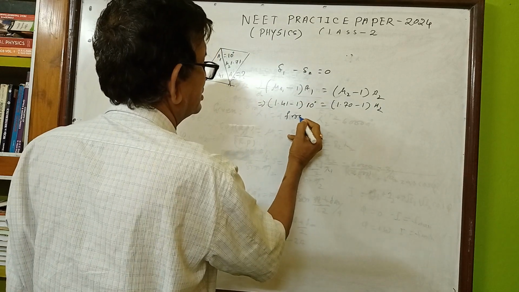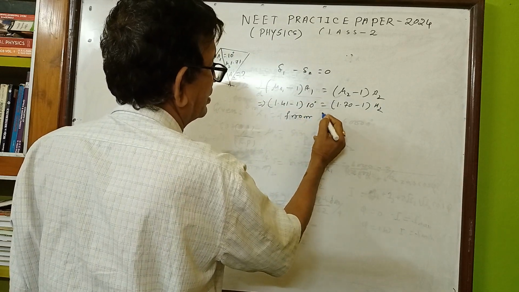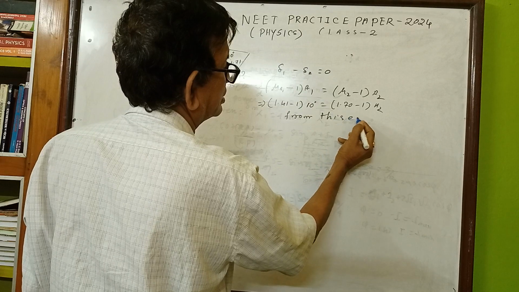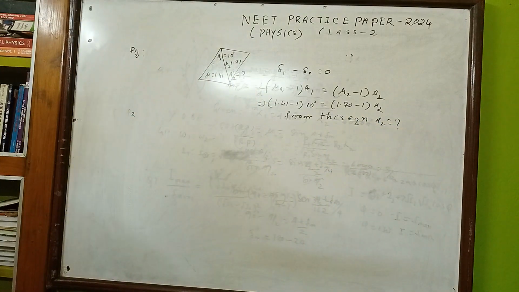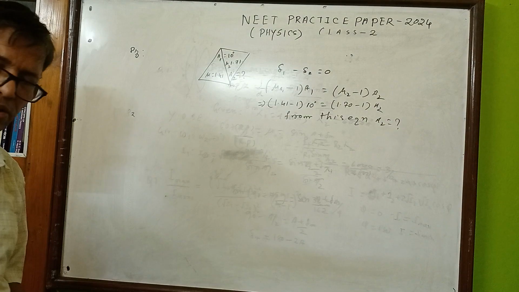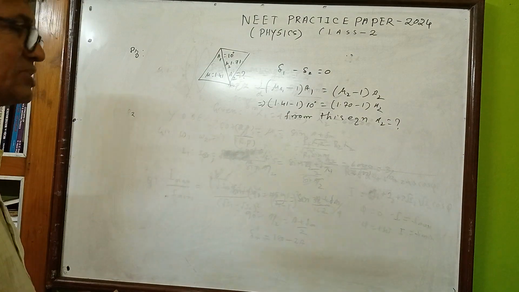From this equation you get A2. Clear? So when two prisms are combined, their total deviation is 0, so you can write this formula. So this is the problem on deviation.